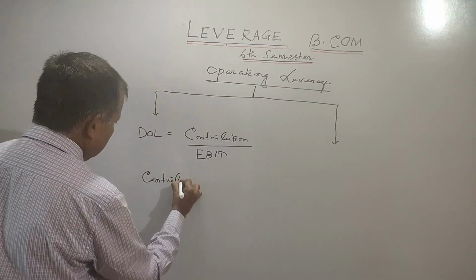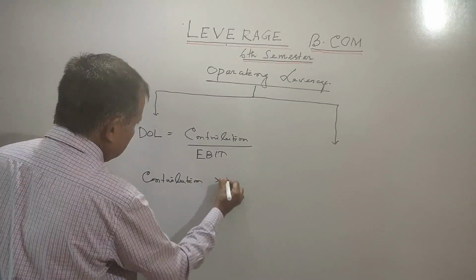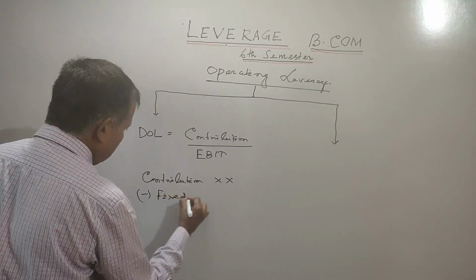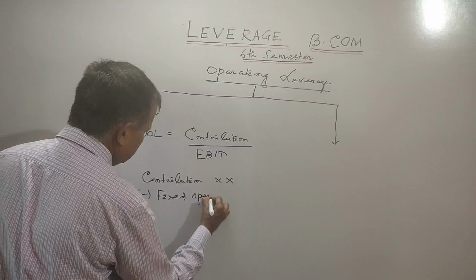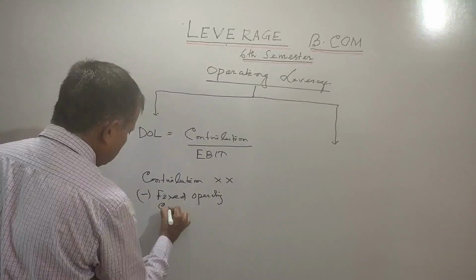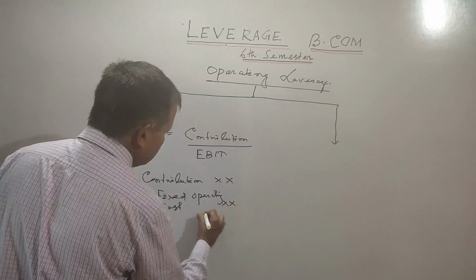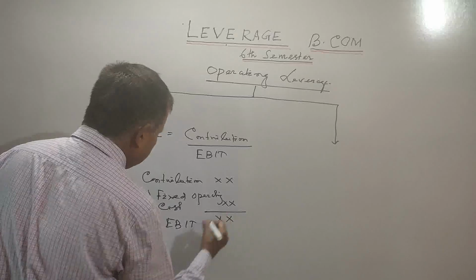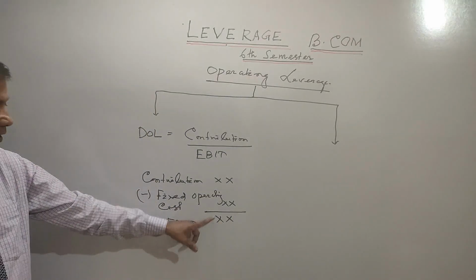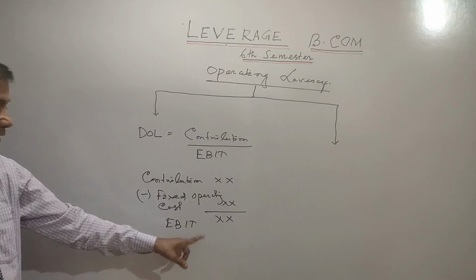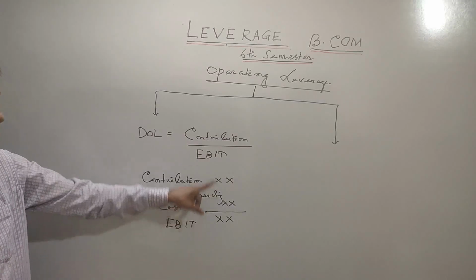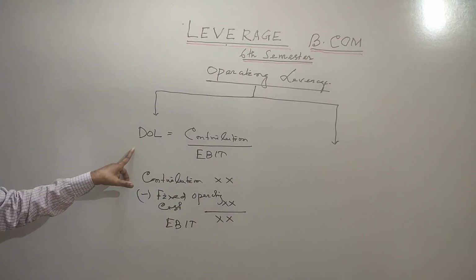Contribution minus fixed operating cost will give you EBIT, and this EBIT and contribution are related with the fixed cost, right? So this ratio, contribution by EBIT, will tell you the degree of operating leverage.